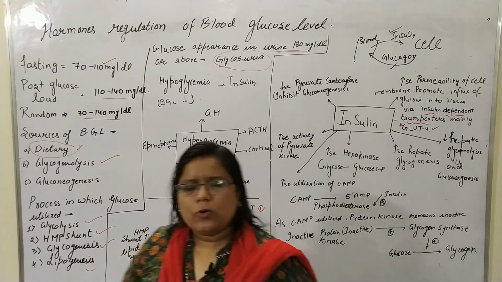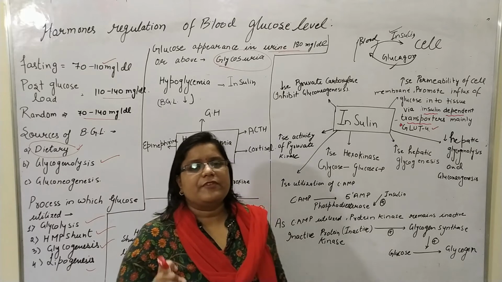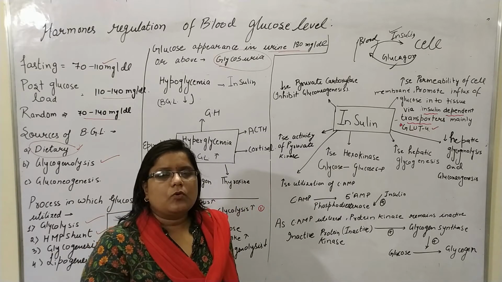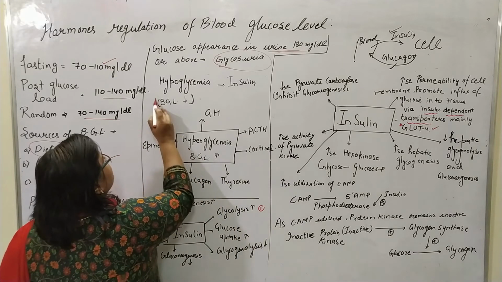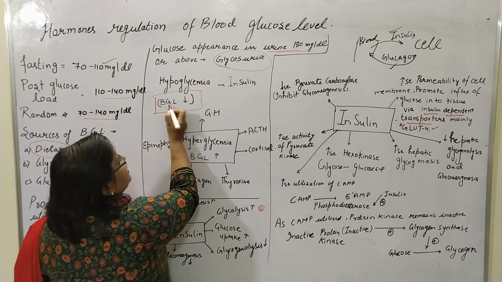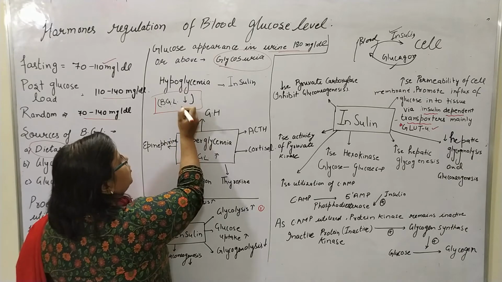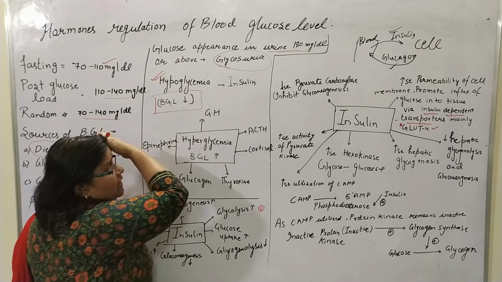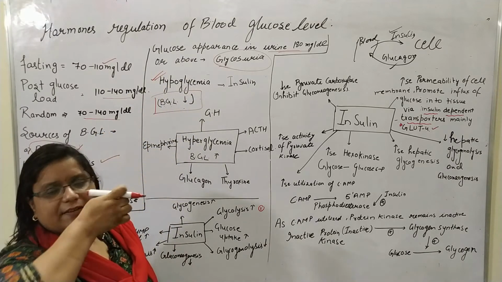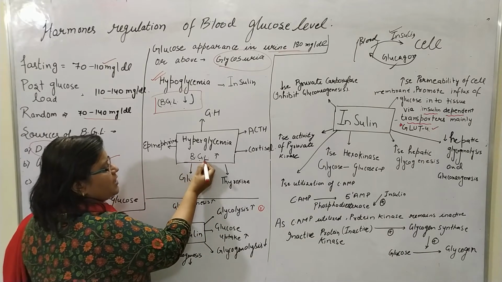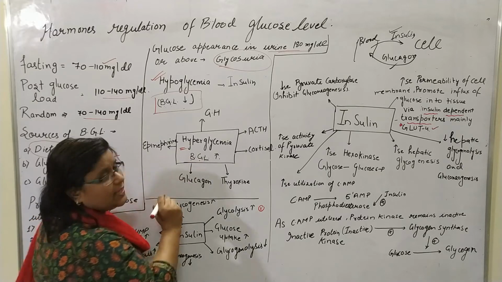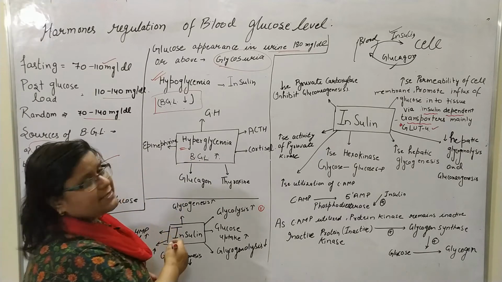What terms do we use for the low glucose level and the high glucose level? If the blood glucose level is low, that is called hypoglycemia, and if the blood glucose level is high, it is called hyperglycemia.